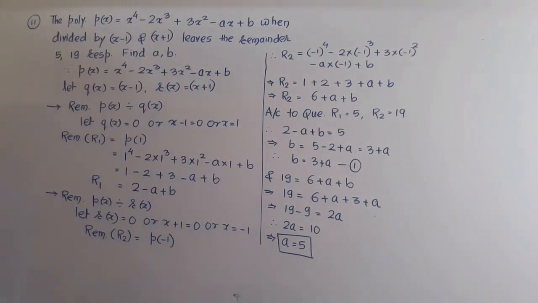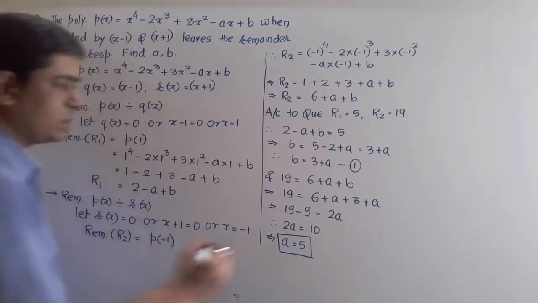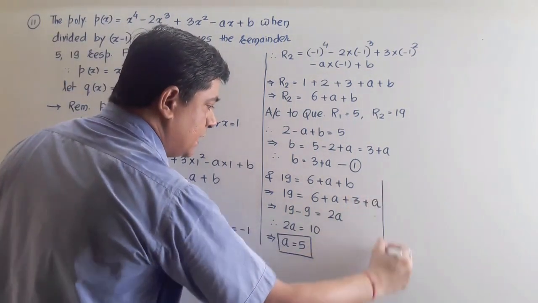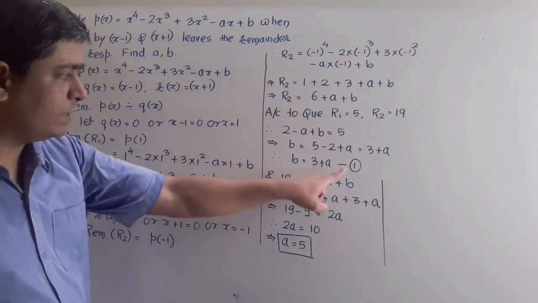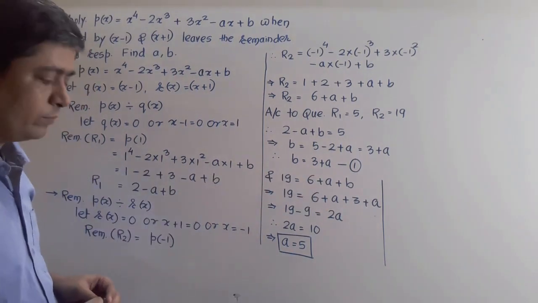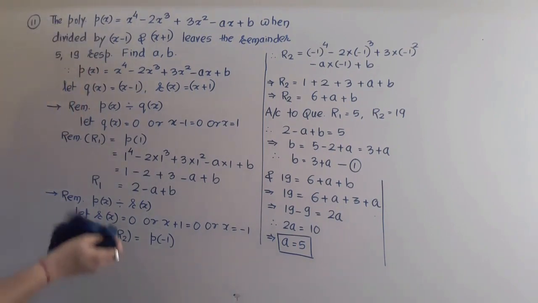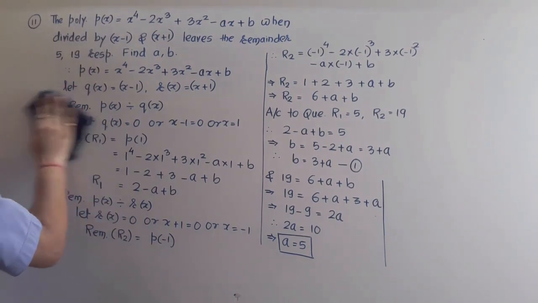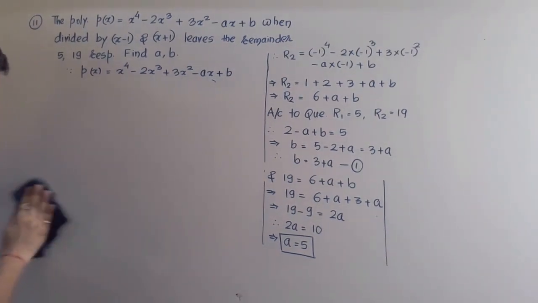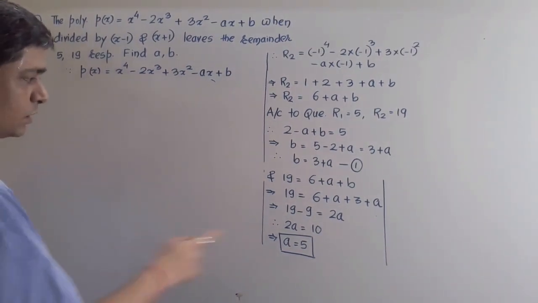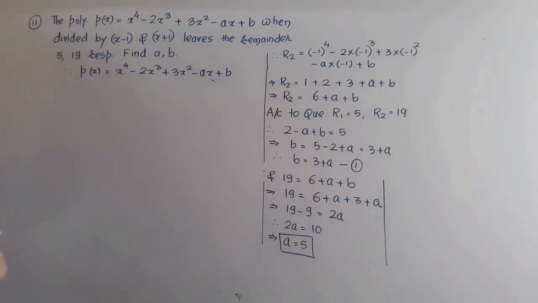Okay, now see the second one. How shall we find the second one here? To find the second one, this value of a I will keep in equation number 1. Okay, it is better I do it here, so I will get some space. So let me rub this one. Here I keep the value of a in equation number 1.